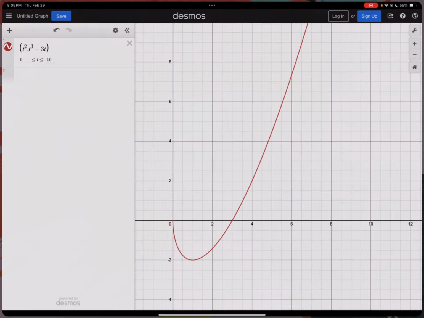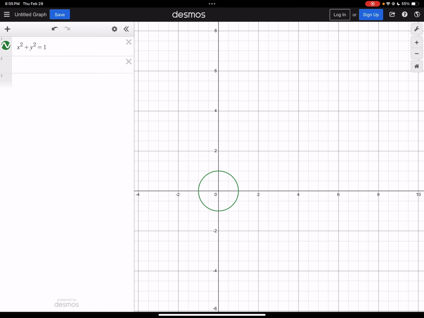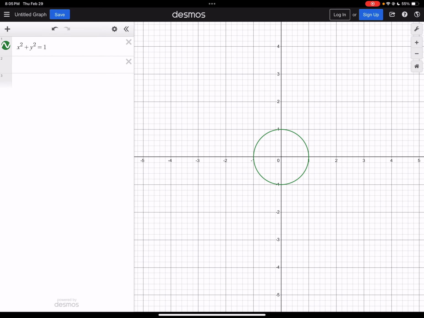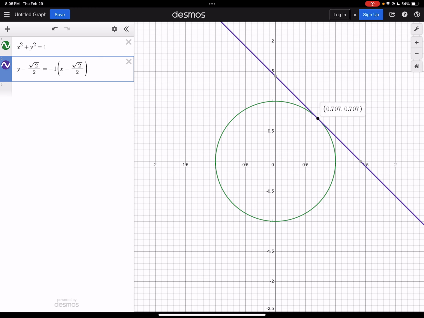So here, if I have x squared plus y squared is equal to 1, and we have pi over 4, then I have y minus root 2 over 2 is equal to -1 times (x minus root 2 over 2). And you can see that this is root 2 over 2, and that gives us that tangent line right there. Pretty cool.